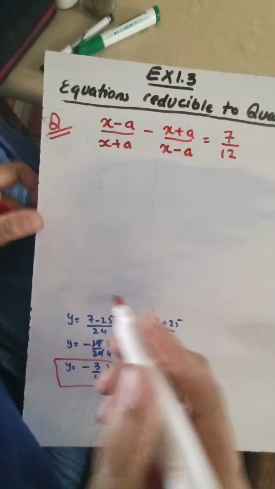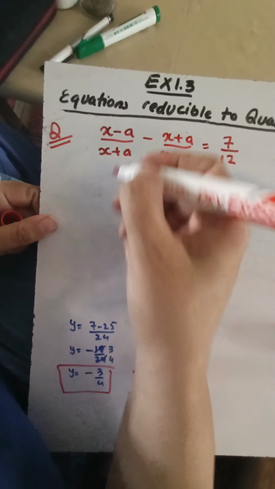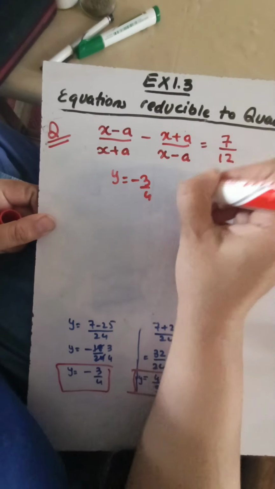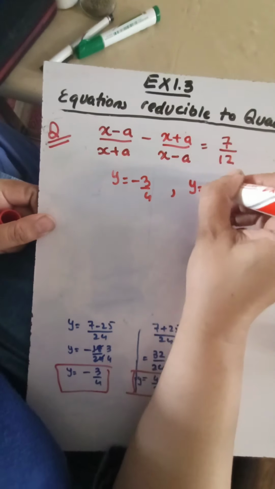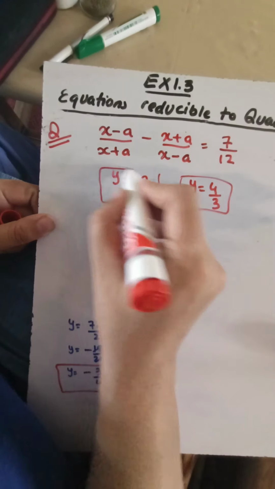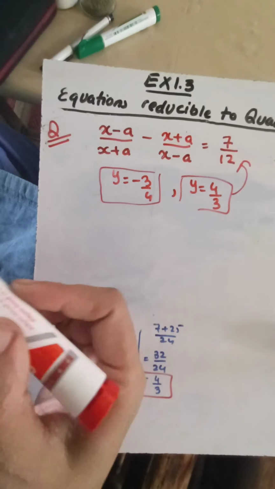Our target was to find the solution of this equation, not the quadratic that we got in y, because now y has two values: negative 3 by 4 and y is equal to 4 over 3. Using these two values of y, I'm going to get to the solution of this equation.